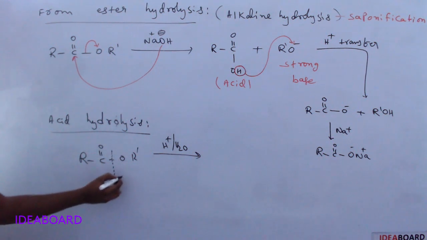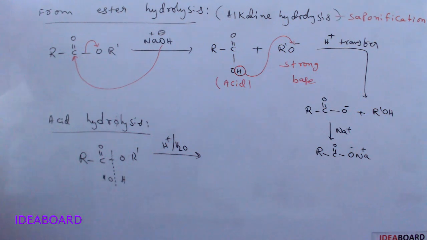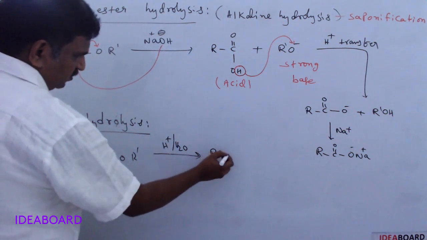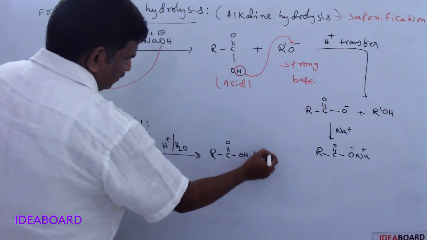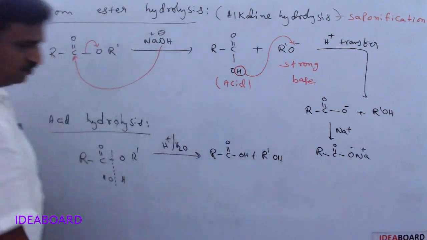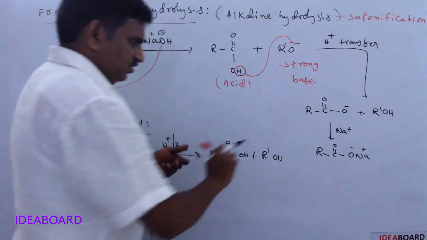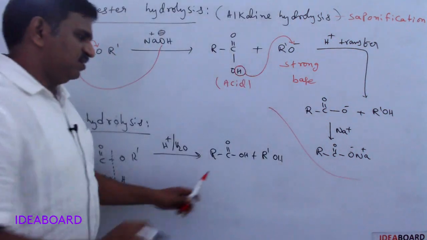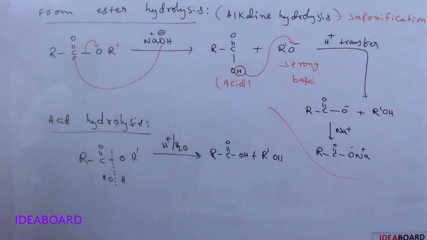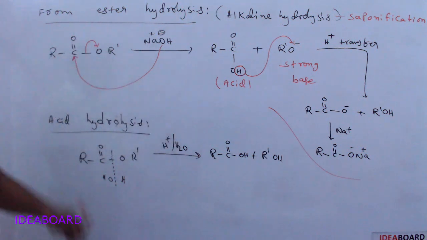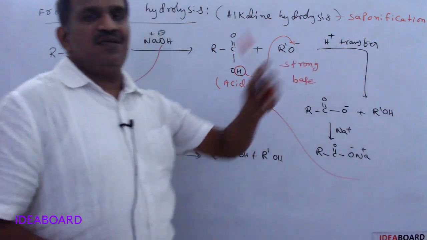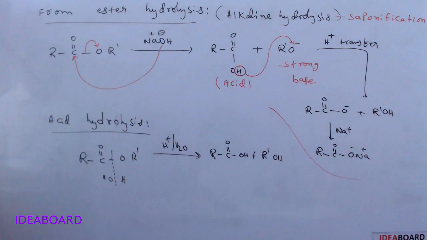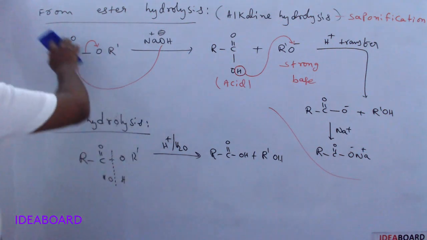Here OH group and here H group is added. Then it gives RCOOH plus R dash OH. So we will get carboxylic acid and alcohol mixture in acid hydrolysis process. In base hydrolysis, we will get carboxylate ion and alcohol mixture. This is alcohol preparation from ester hydrolysis.